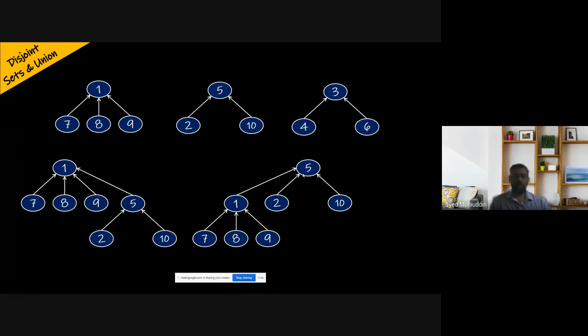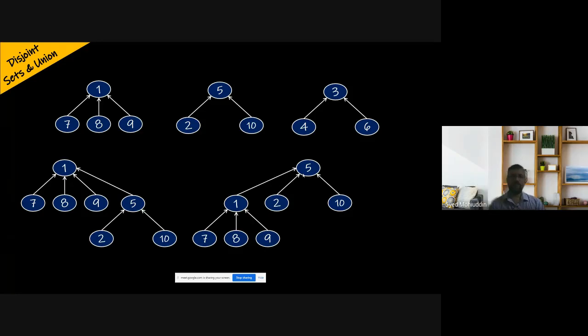Now don't worry about what level it has or why the level increases. We simply make the root of one set the child of the other set. That is how we perform union operation.